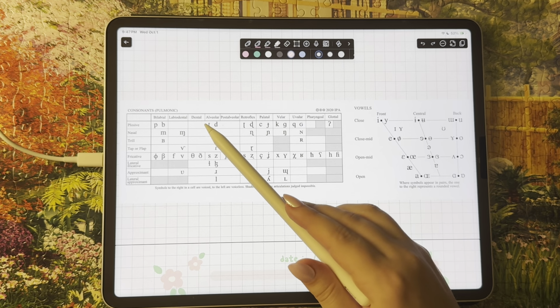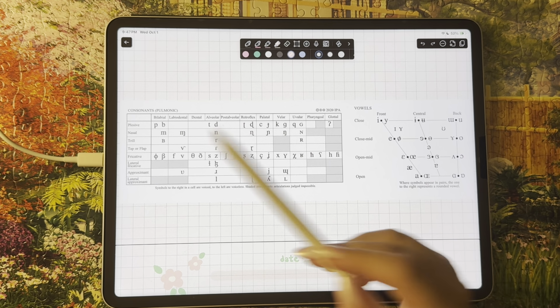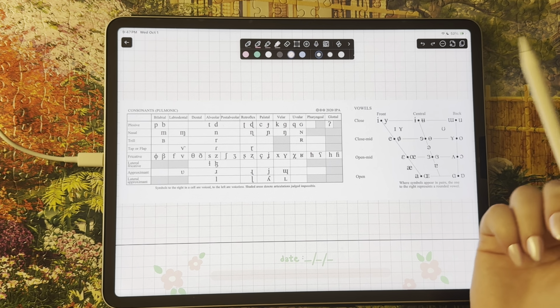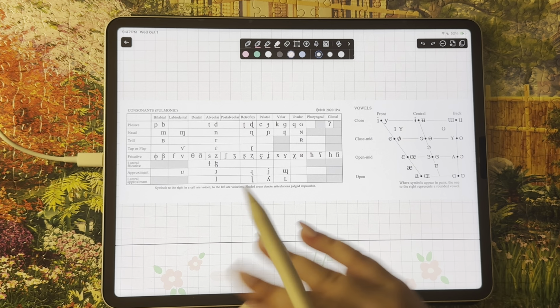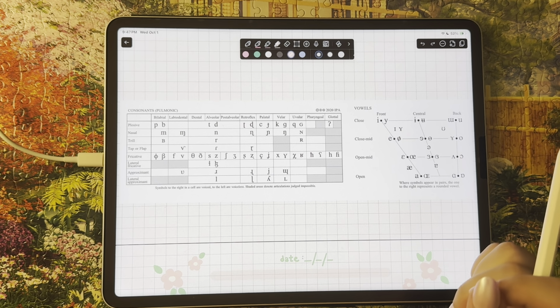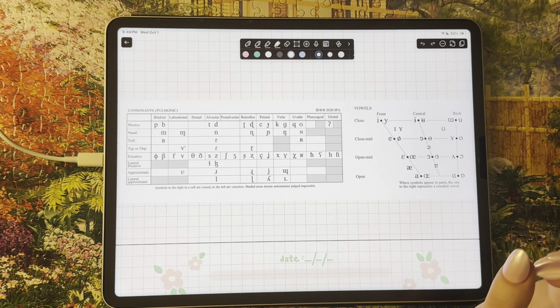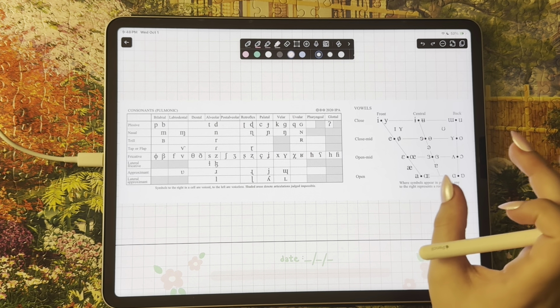For our dental fricatives, which, by the way, fricative just means air is passing through a kind of restricted or narrowed passage.